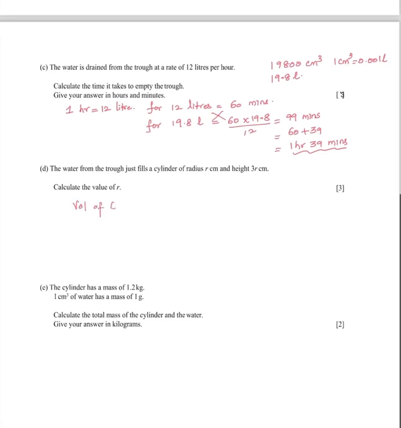Volume of cylinder is equal to 19,800. The cylinder's formula is pi r square h. Now instead of h, we must take the height as 3r.